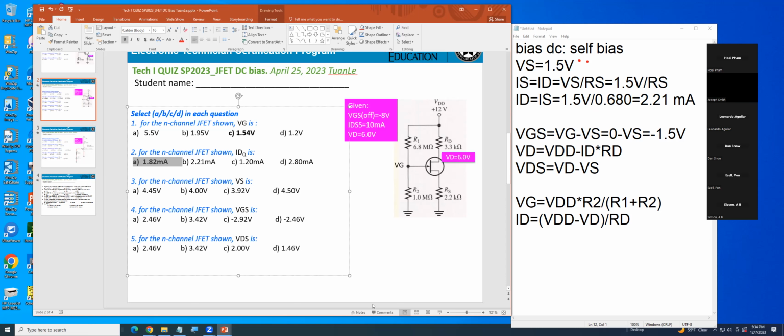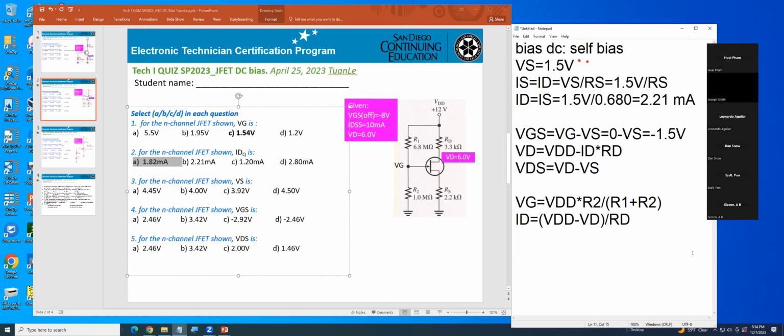Number 3, they want VF. Okay? VF equals IF times RF. And IF and ID will be the same. We already have the ID. Okay? Equals ID times RF.